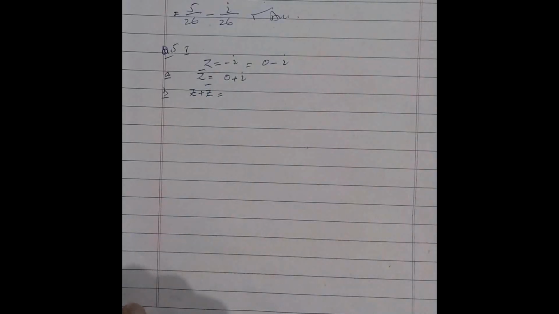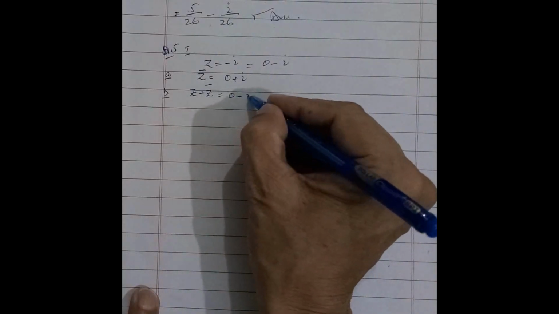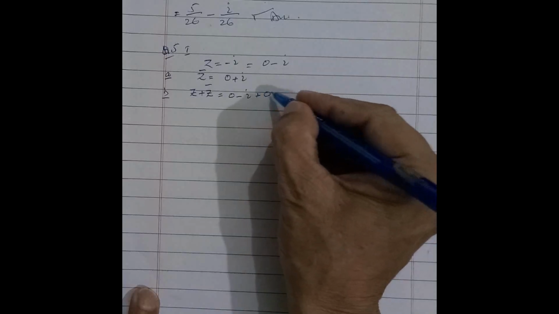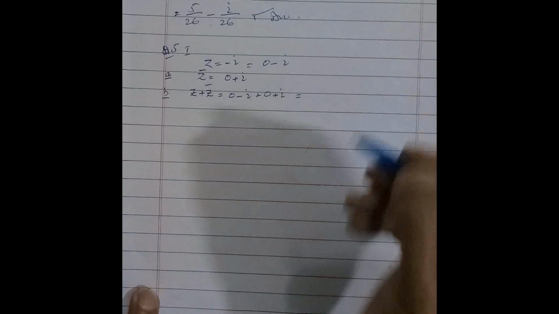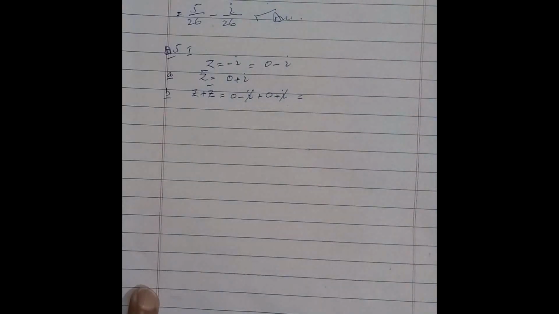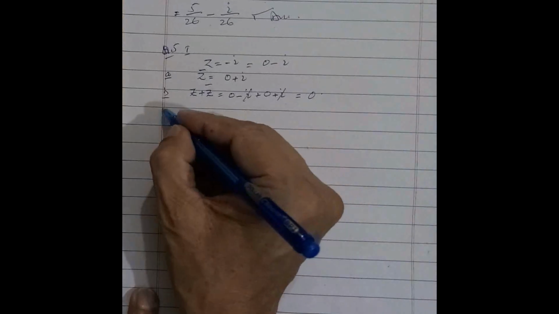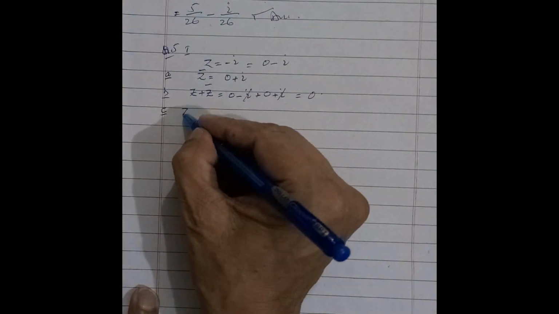We write the value of z and z bar, mean complex number and conjugate of the complex, which is 0 minus iota plus 0 plus iota. Simplify it. Minus iota cancel with plus iota. The answer is 0.